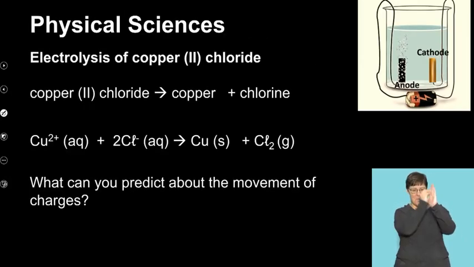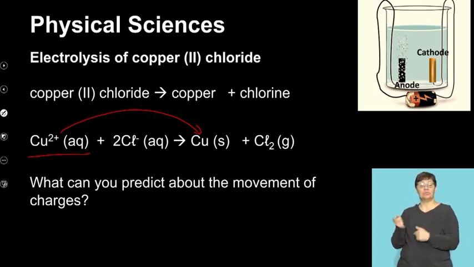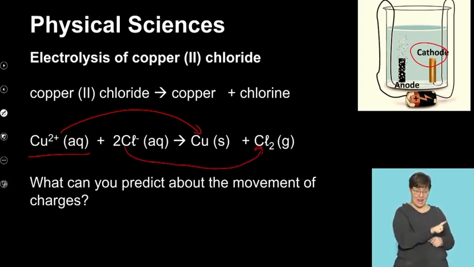So we record it over here, and we can see that this is where we're getting the transfer of electrons, and we've indicated the production of copper is happening at the cathode, and the chlorine is being produced at the anode.